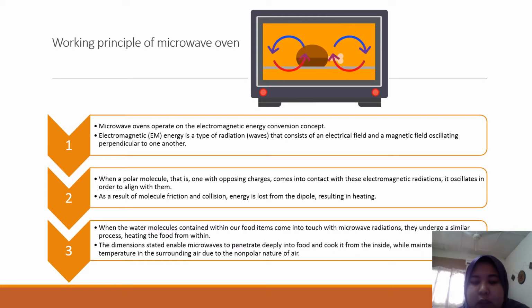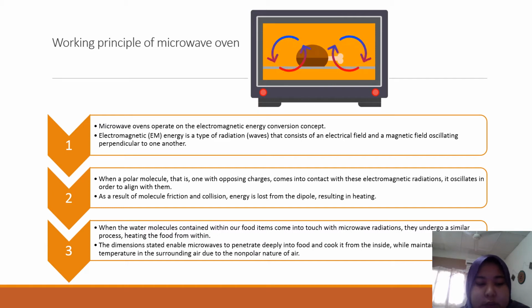When the water molecules contained within our food items come into touch with microwave radiation, they undergo a similar process, heating the food from within. Microwaves are electromagnetic waves with frequency ranging from 300 MHz to 300 GHz, with wavelengths ranging from 0.9 meter to 0.0009 meter.